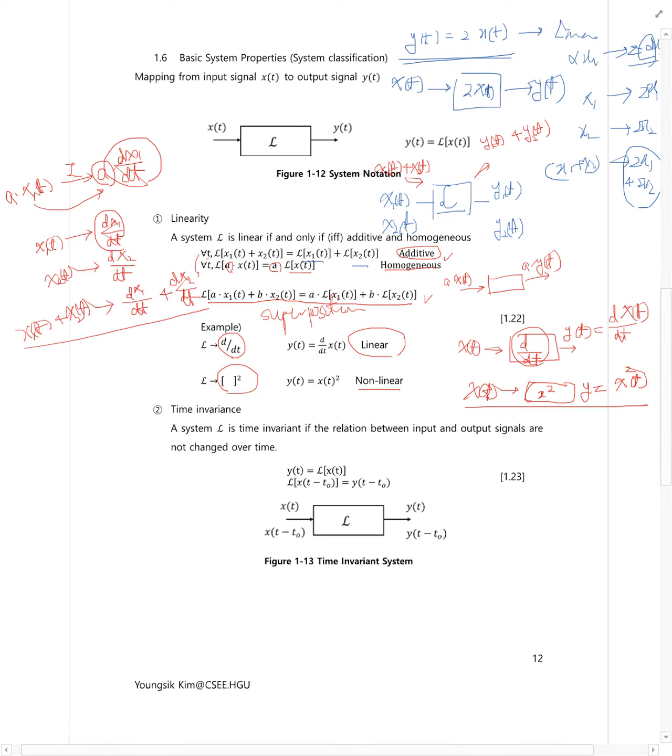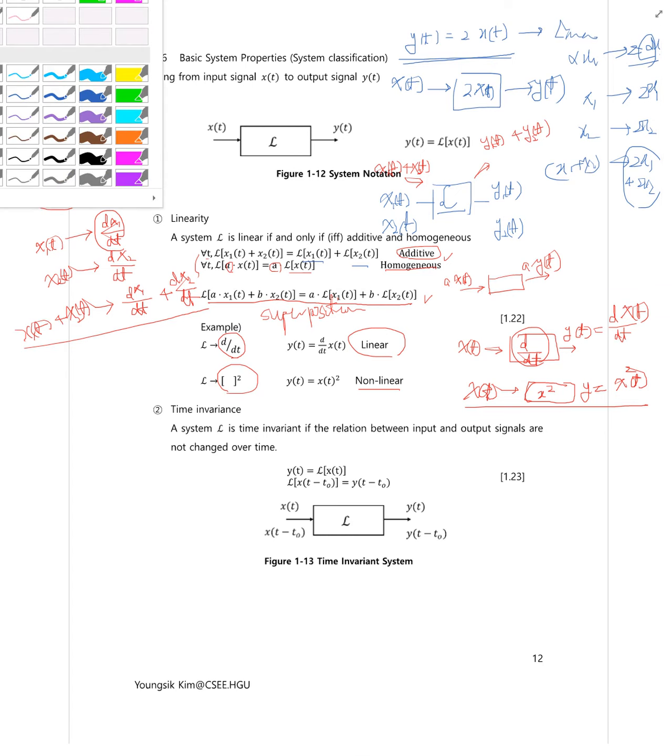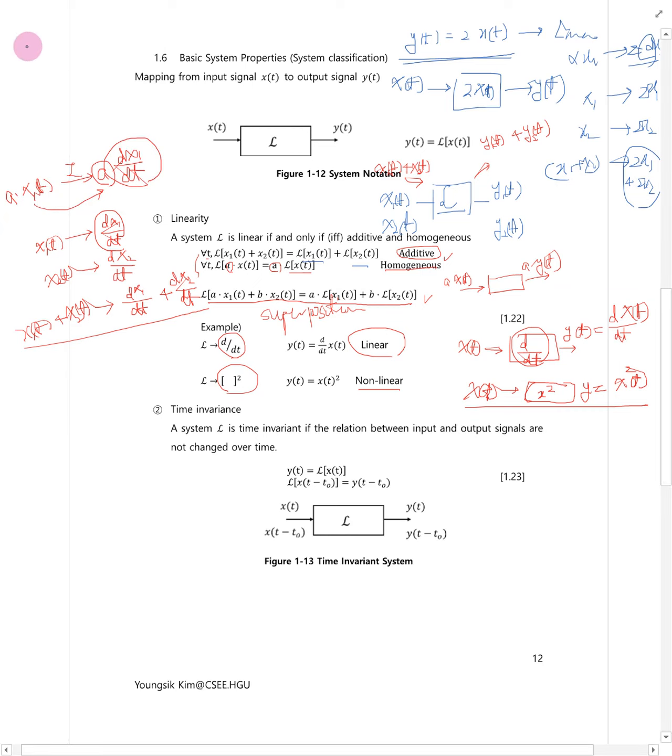The last one I would like to emphasize is this kind of system. If x1 is applied here, the output is 2 times x1 plus 1. So you can describe it as y(t) equals 2 times x(t) plus 1.